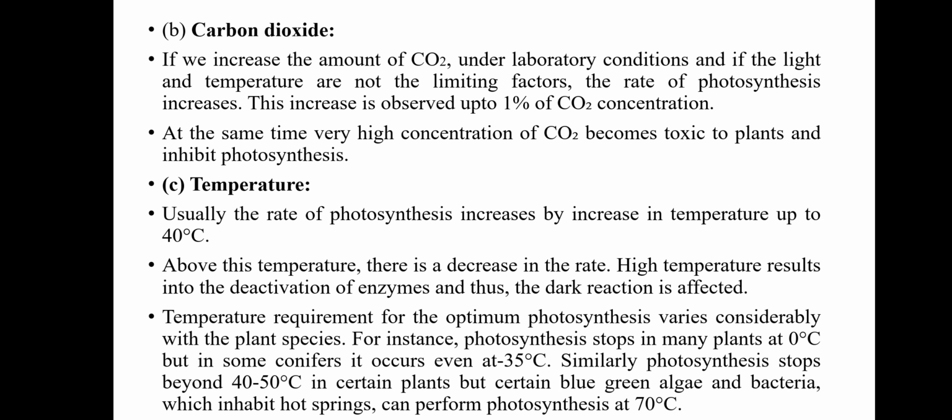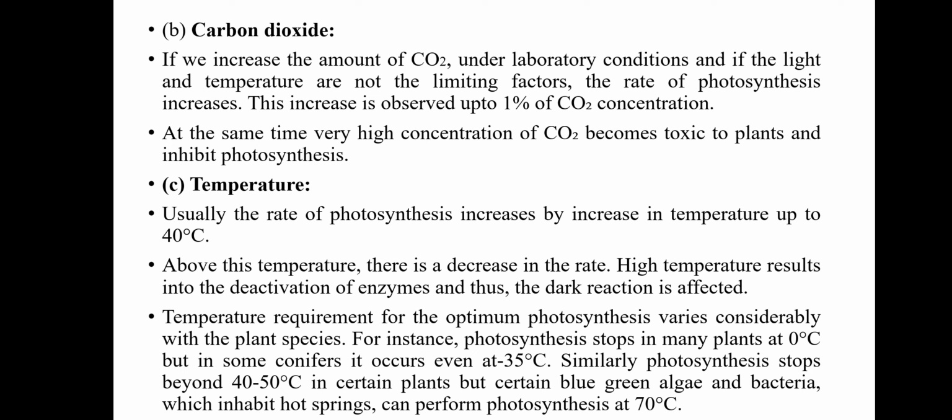Then carbon dioxide. If we increase the amount of carbon dioxide in lab condition, and if light and temperature are not limiting factors, the rate of photosynthesis increases. This increase is observed up to 1% concentration, but CO2 concentration beyond 1% is highly toxic to the plant. Then temperature.